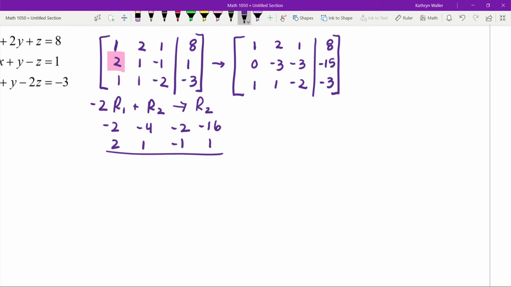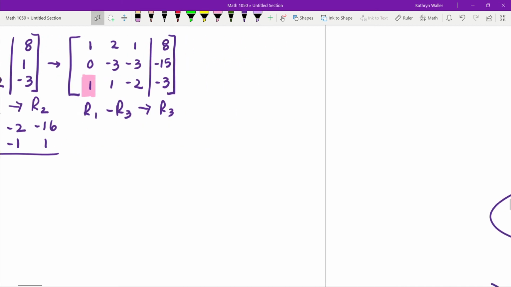Okay? The second number I need to change is right there, and it needs to be a 0. I could either do row 1 minus row 3, or I could do row 3 minus row 1. It doesn't matter. I'm going to do row 1 minus row 3 becomes my new row 3. So row 1 doesn't change.